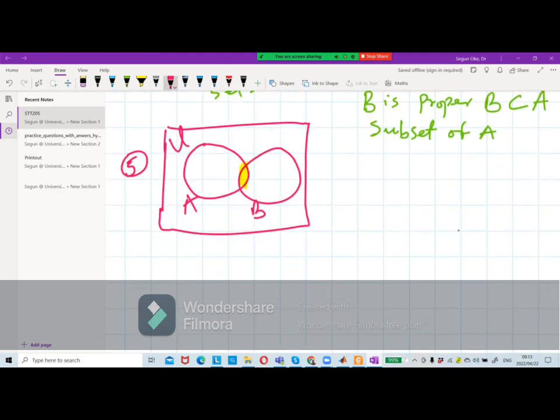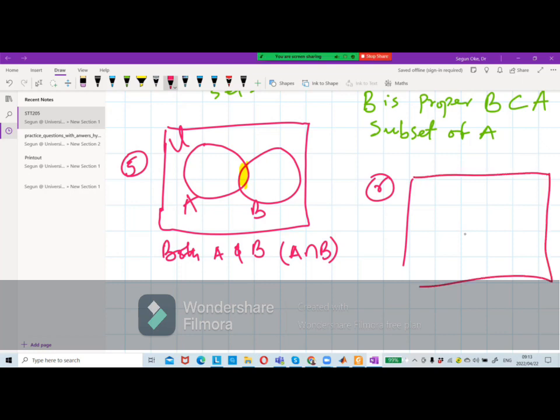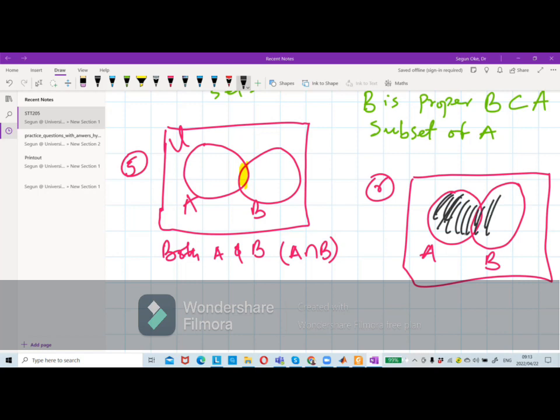It simply means both A and B, that is A intersection B. The shaded part is A intersection B. So let's take note of that. Then number 6, I will solve the question again. Then we have A, then we have B. Everything contained in them.